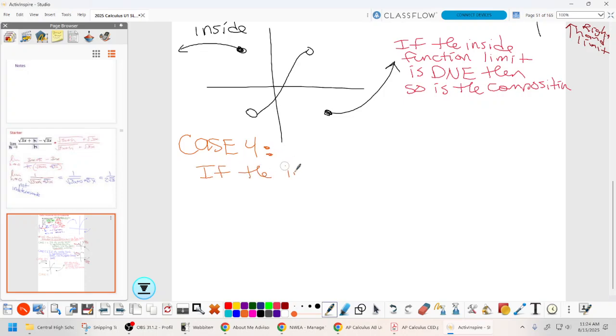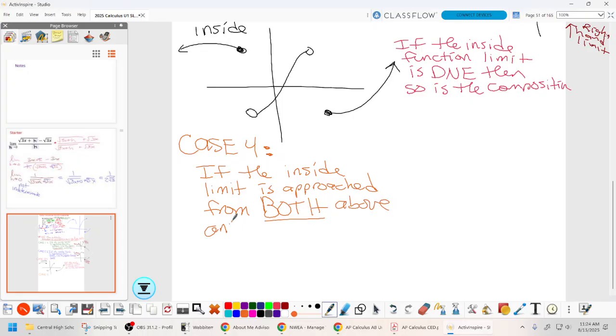If the inside limit is approached from both sides, let's be specific, above and below, the limit, and we'll just say D and E. The limit does not exist.